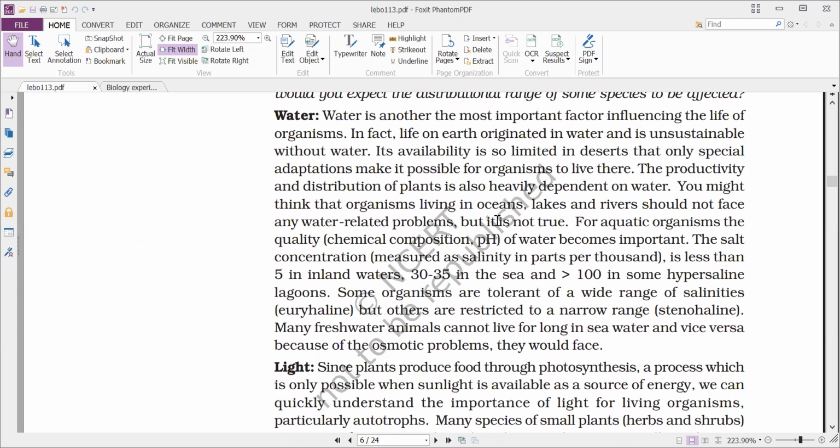Because here the salinity of the water is determining water. For example, if you take an ocean, an animal is living in an ocean. In the ocean, a lot of water is available, but the organism which is living in that water will face certain problems with the water availability.